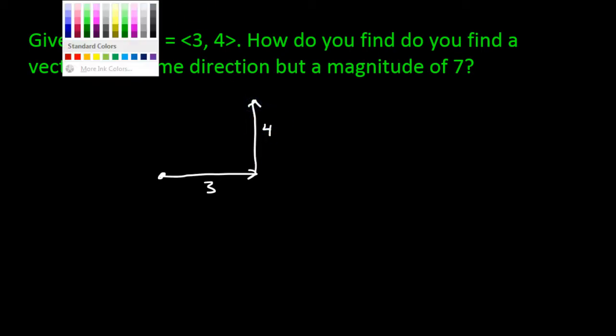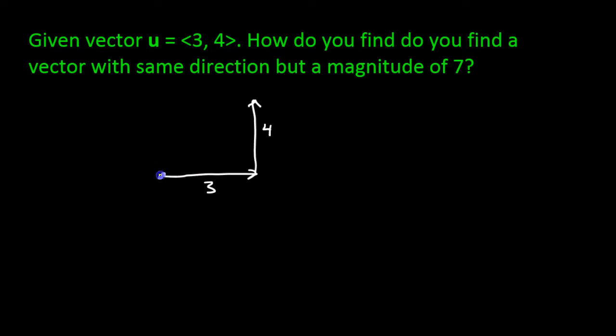So the actual vector u would look like this. If you were to do the Pythagorean theorem, you would quickly find that the magnitude is 5. So the magnitude of vector u is 5. Keep that in the back of your mind.